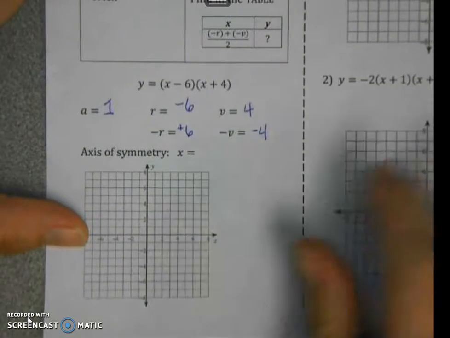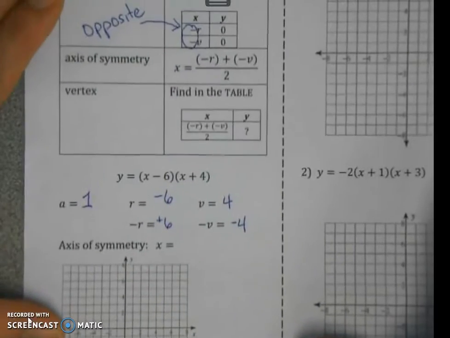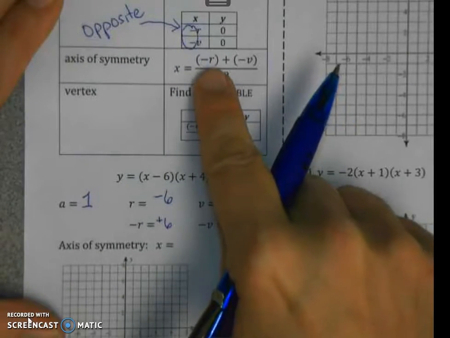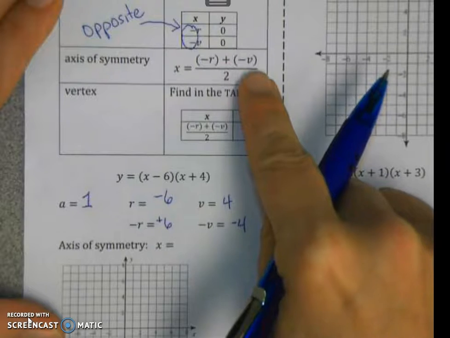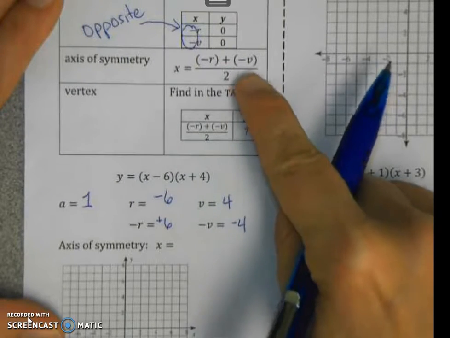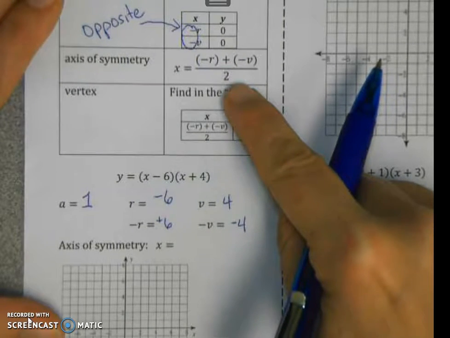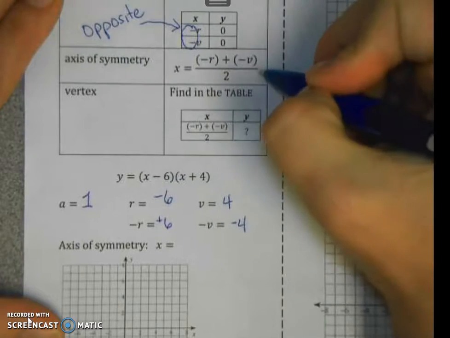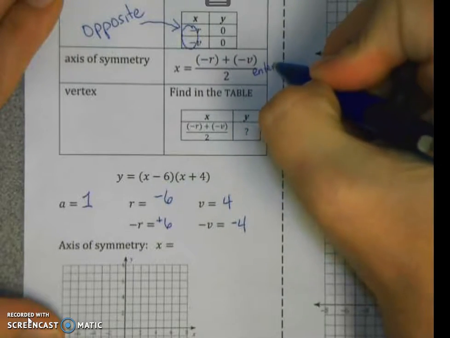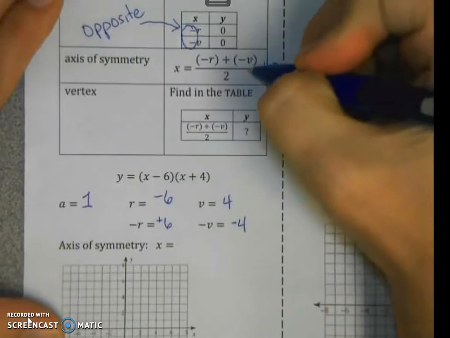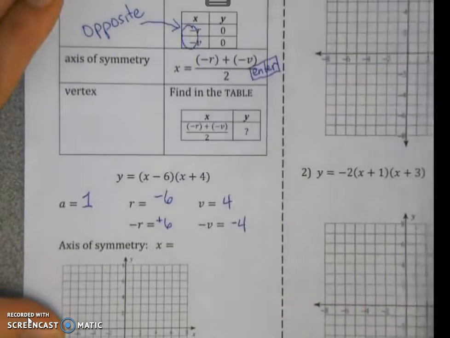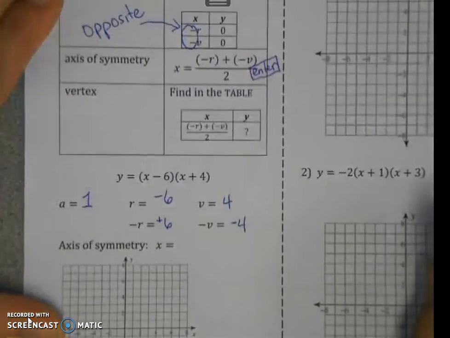Now, axis of symmetry says to take our opposite of R and add it to the opposite of V, and then divide that sum by 2. We'll write that here, before you divide by 2. Okay, so let's try it.